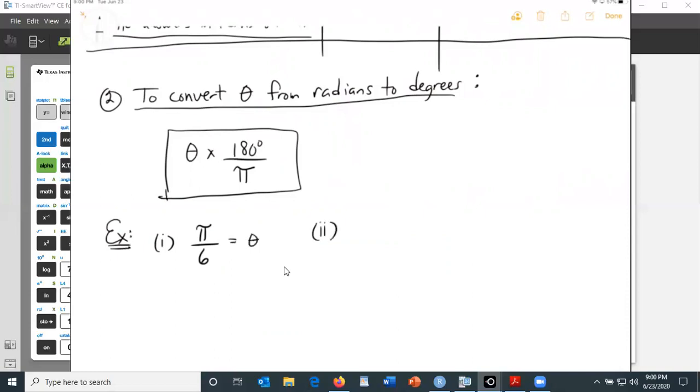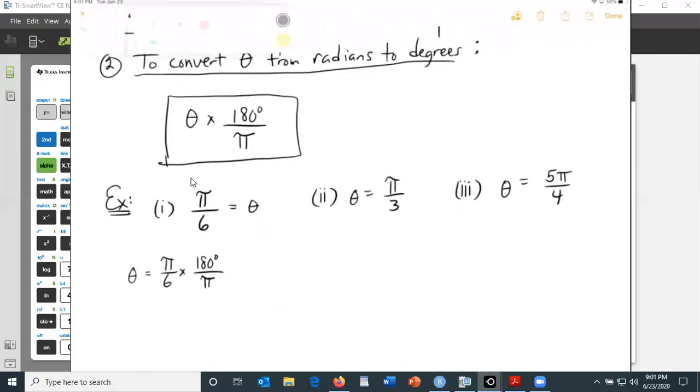We'll also do theta equals pi over 3, and then theta equals 5 pi over 4. So just take those angles and multiply them by 180 over pi. So we get pi over 6 is the angle, times 180 degrees over pi.